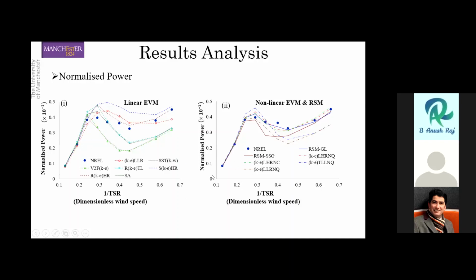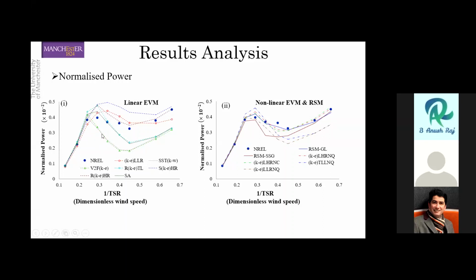Both of those figures show a linear increase in the normalized power at lower wind speeds. As you can see here and here, we have a linear relationship for the normalized power with the wind speed. And almost all the models have reliable prediction for the key parameters.